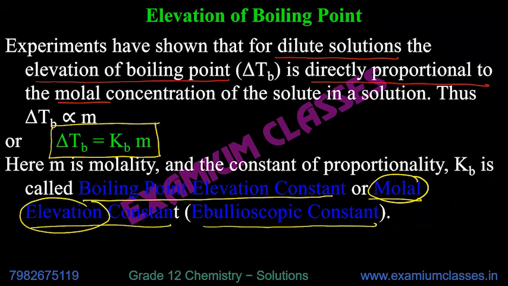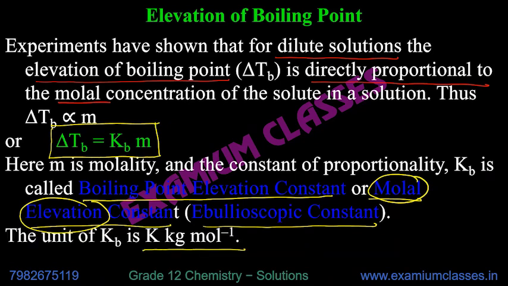Just these subscripts will change. Instead of boiling, for freezing, it will be F. The unit of KB is Kelvin kg per mole. So even if you don't remember this, you can get it from here.